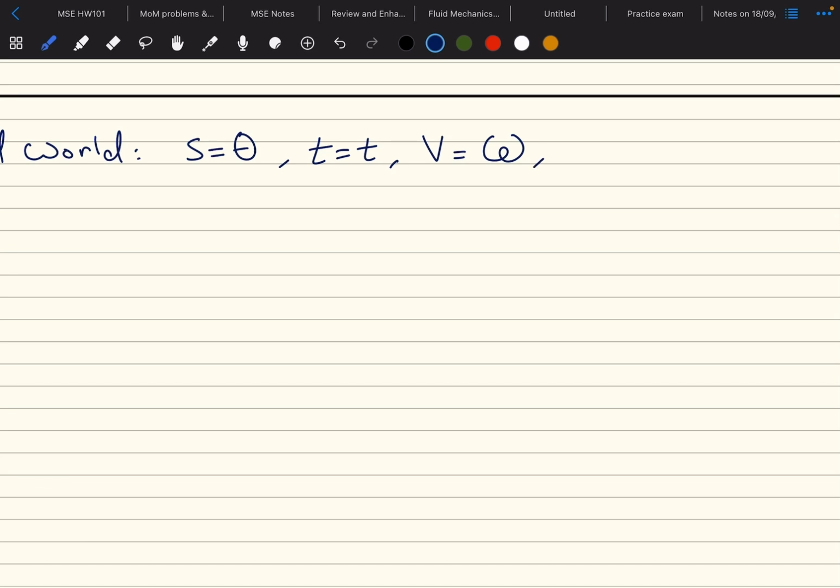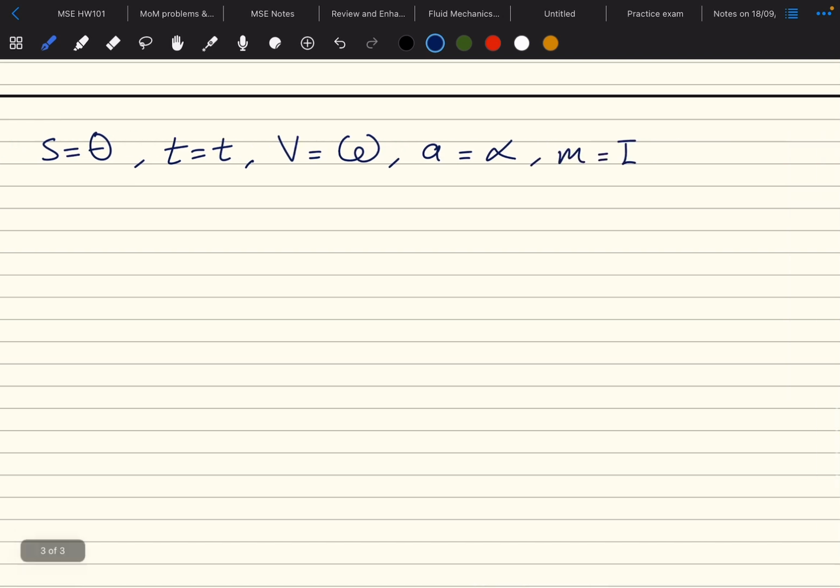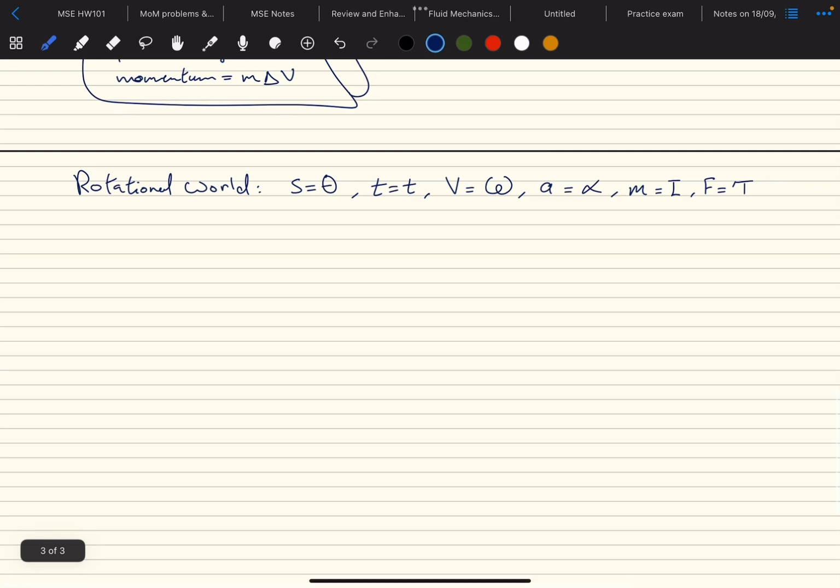Then a, which is the linear acceleration, is equal to the angular acceleration. And m, which is mass, is equal to inertia. And F, which is force, is equal to torque. So this is the rotational world.